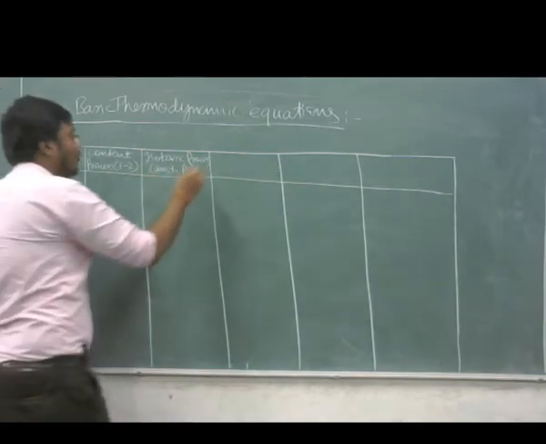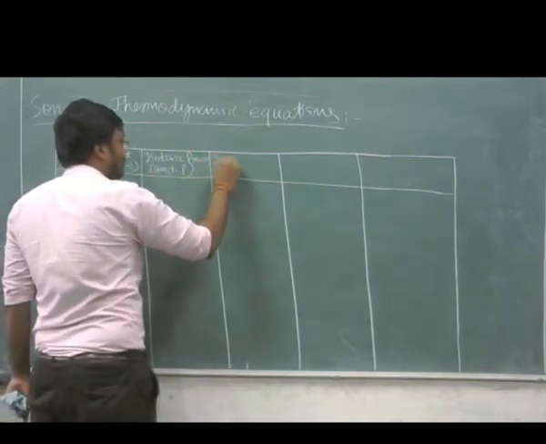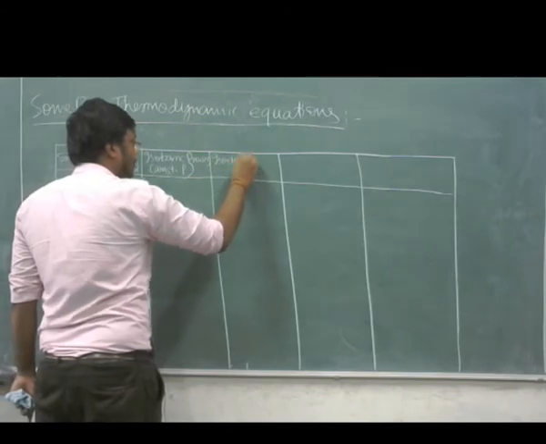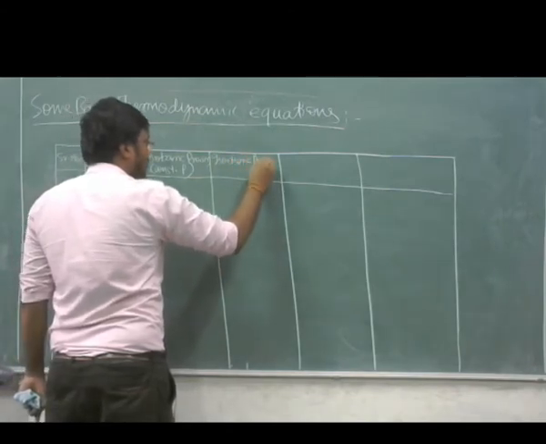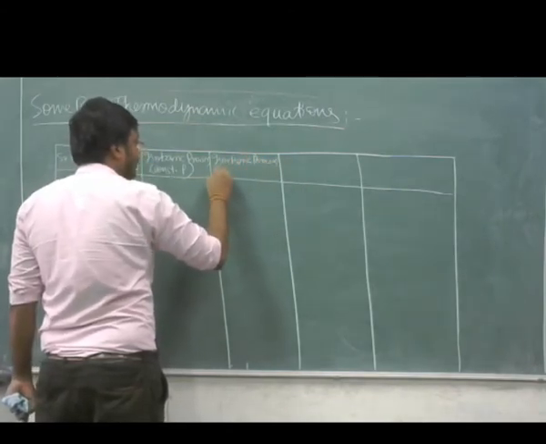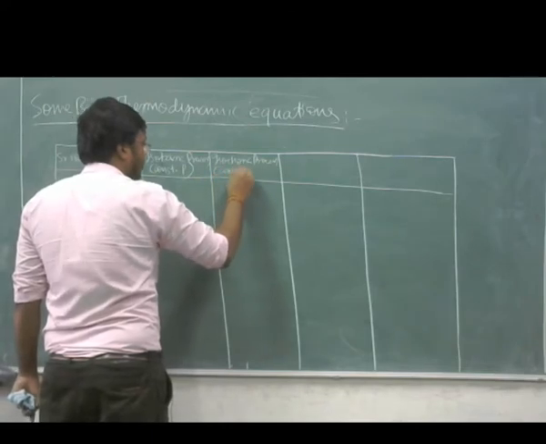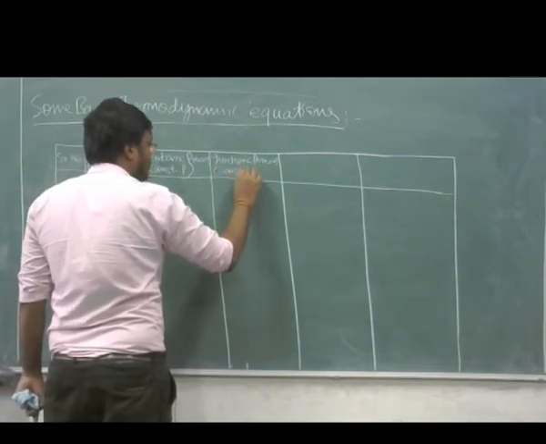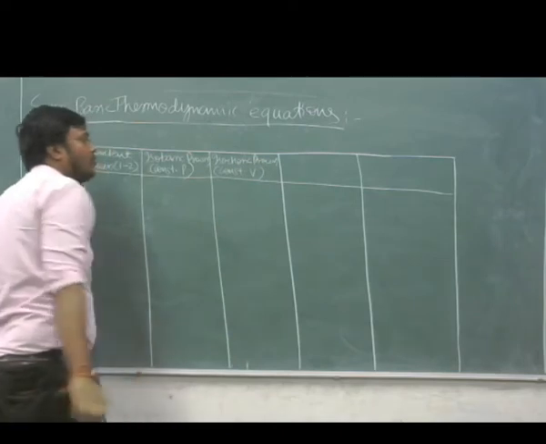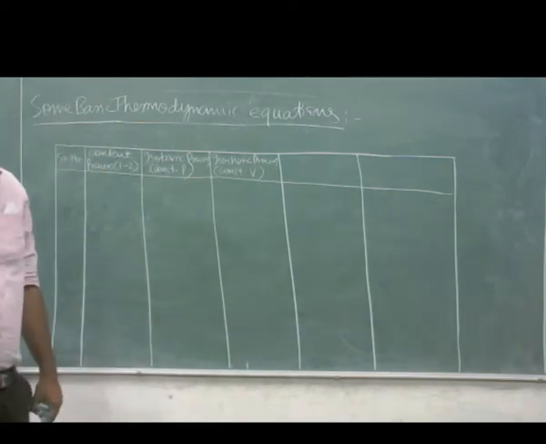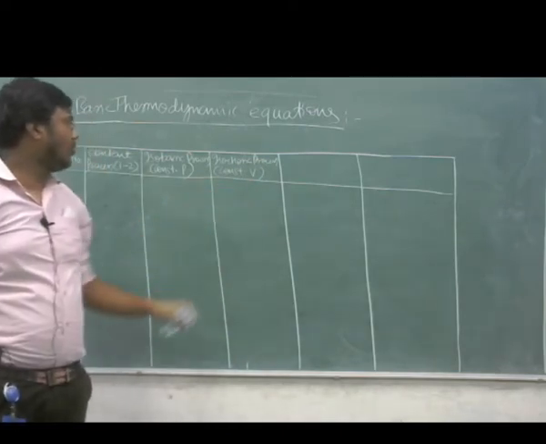Next is the isochoric process, also known as the constant volume process.